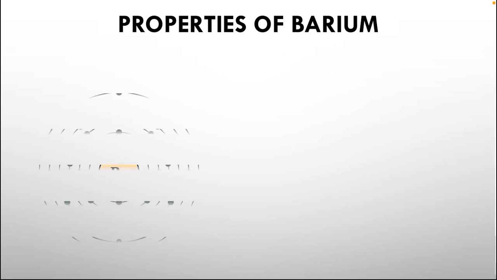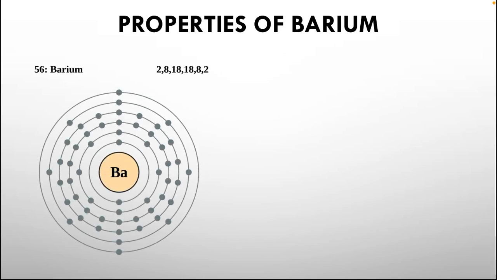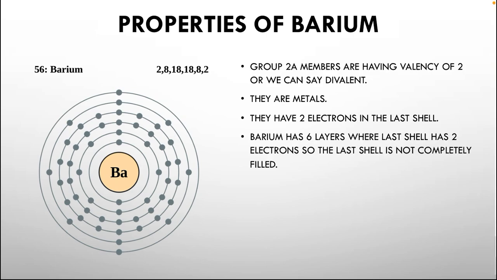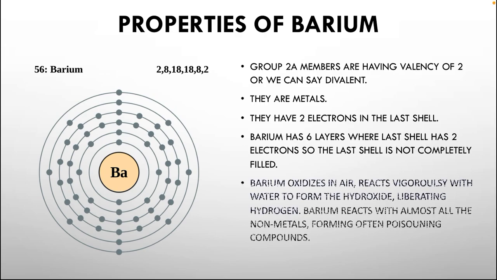Properties of barium. This is the barium shell figure, and some of the properties of barium are: group 2A members have a valency of 2, or we can say divalent. These are metals. They have 2 electrons in the last shell. Barium has 6 layers, where the last shell has 2 electrons, so the last shell is not completely filled.